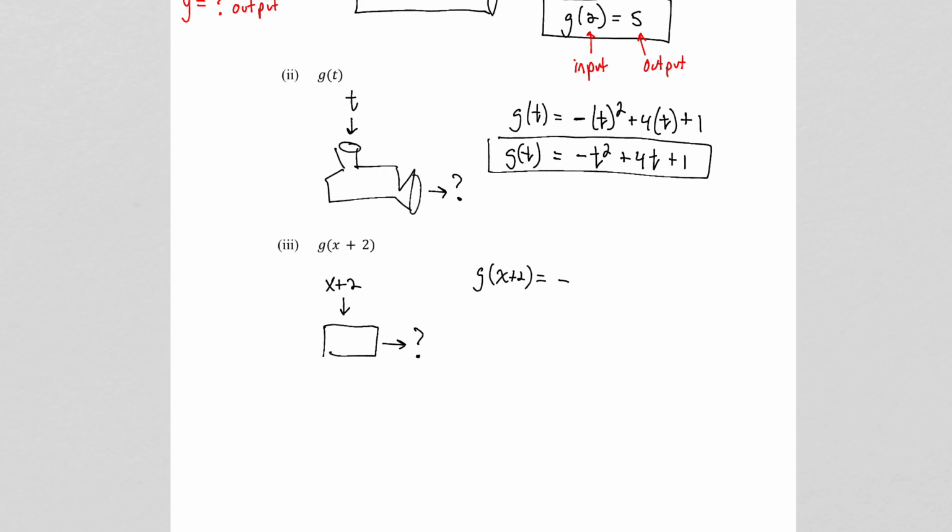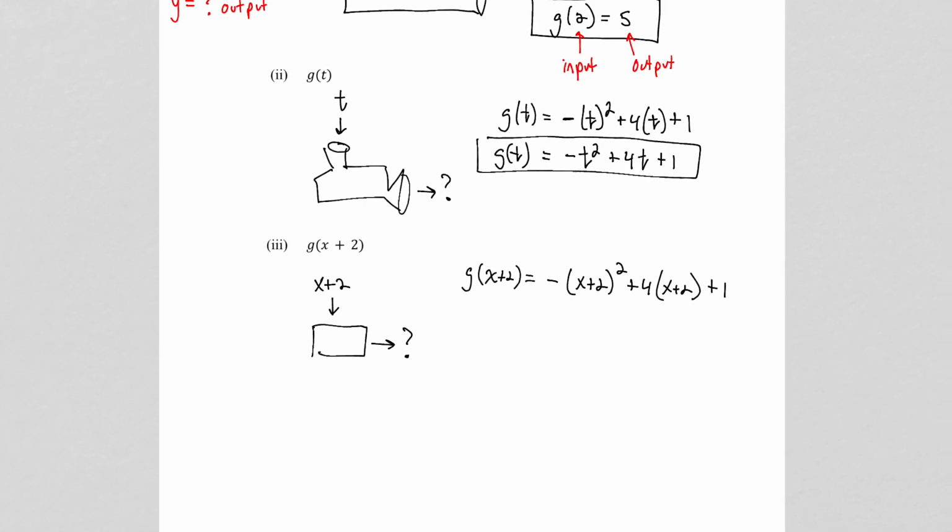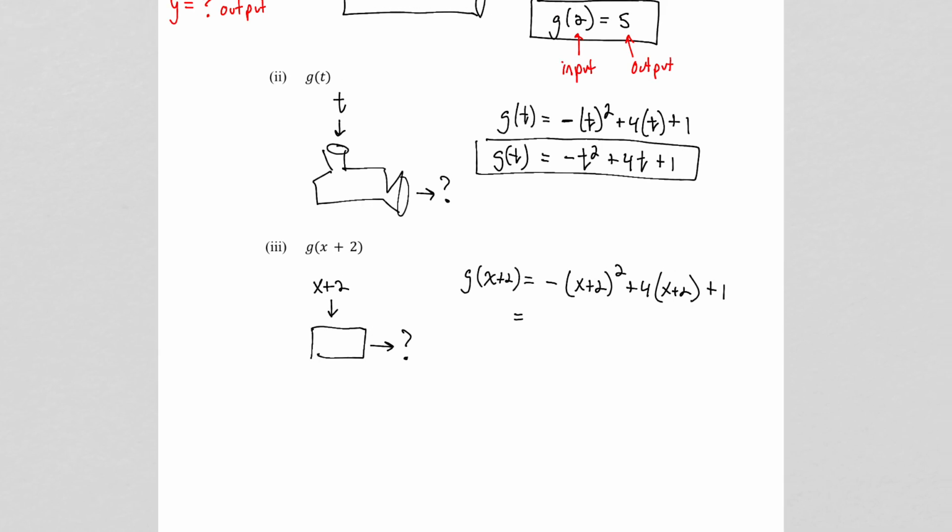Everywhere there was an x, I'm going to replace that with x plus 2, plus 4 times x plus 2, plus 1. And now I need to simplify that. They're expecting us to simplify that. So this is negative x plus 2 times x plus 2, plus 4 times x plus 2, plus 1.